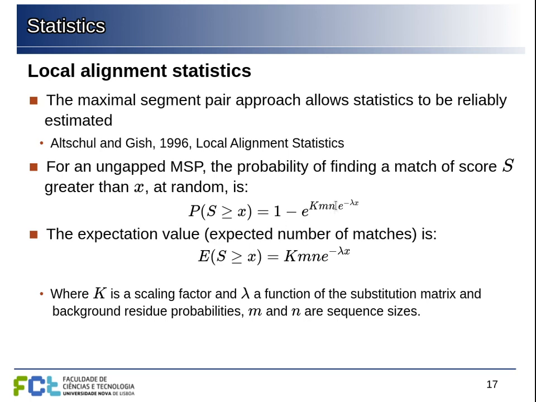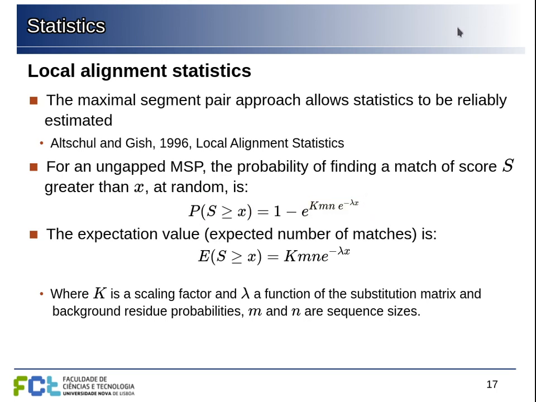Now, these probabilities depend on the substitution matrix, the sizes of the sequences, and so forth. So this score will not be very good as a general measure of how good the match is, because if you want to convert this into a probability, you need to take into account all of these factors.